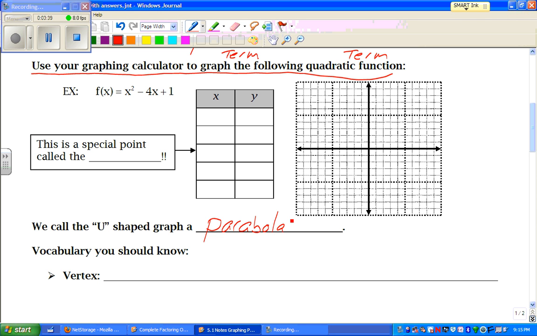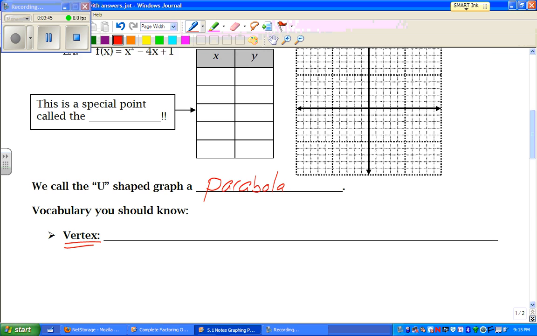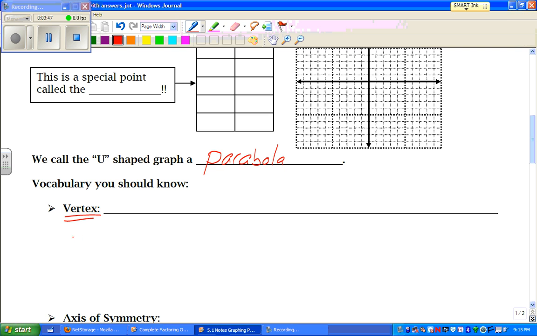The first thing we're going to find in this parabola is the vertex. If this parabola opens up, the vertex would be right at the bottom. Since it's the lowest point of the graph, we're going to call this a minimum.